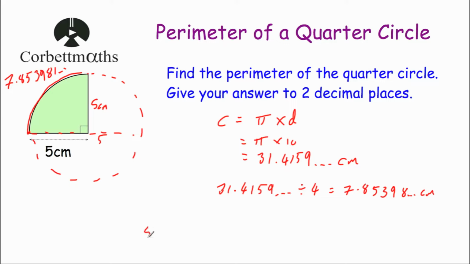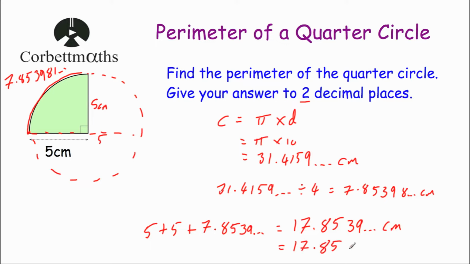So 5 plus 5 plus 7.85398 and so on is equal to 17.8539 and so on centimeters. But the question does say to give our answer to 2 decimal places, so that would be equal to 17.85 centimeters to 2 decimal places. So the perimeter of this quarter circle is 17.85 centimeters to 2 decimal places.